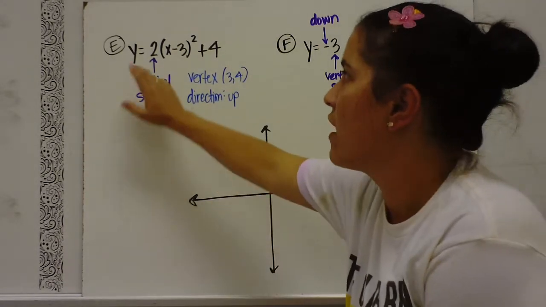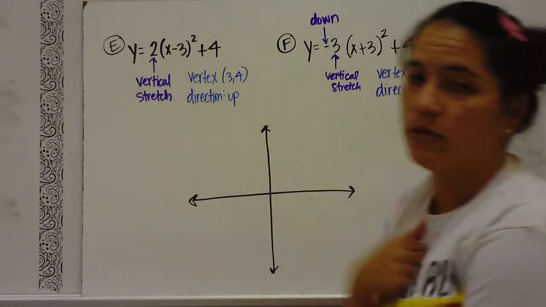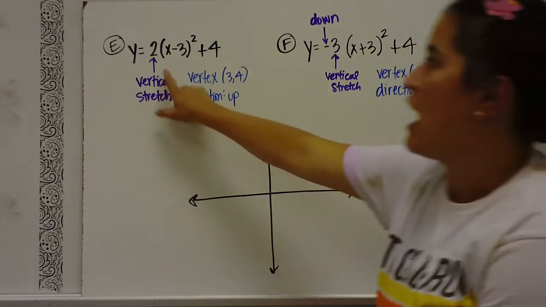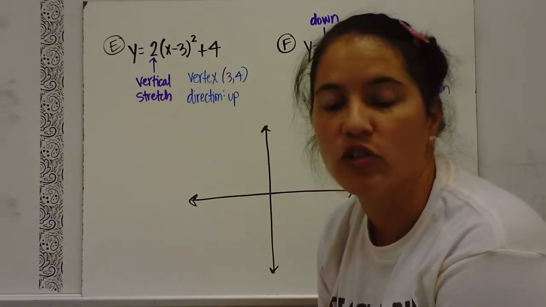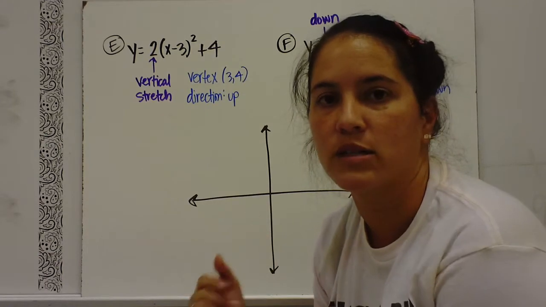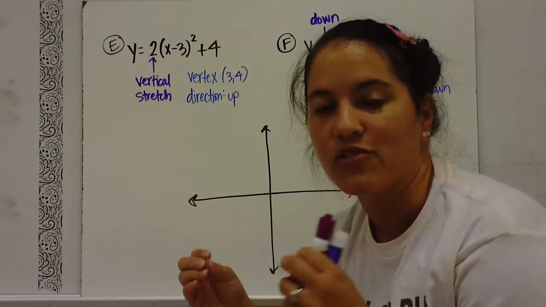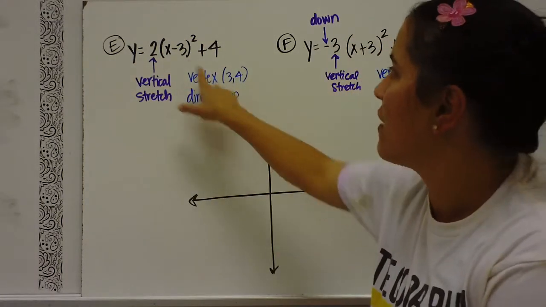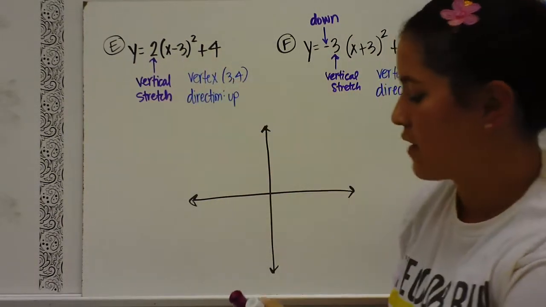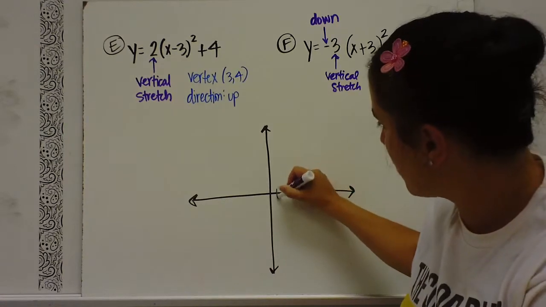Alright, so E. I have a 2 on the outside, which means you're going to have a vertical stretch. And if you go back to the very first slide, we said if it's greater than 1, it's going to get skinnier because your y values are going to be multiplied, but not your x values. My vertex is 3, 4. So I need to come over here and plot 3, 4.